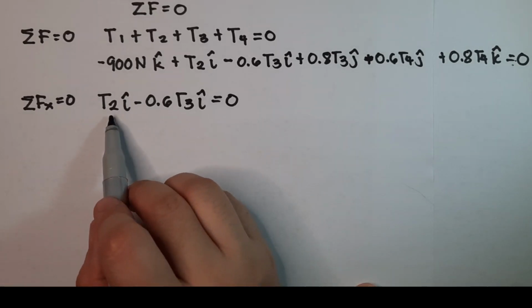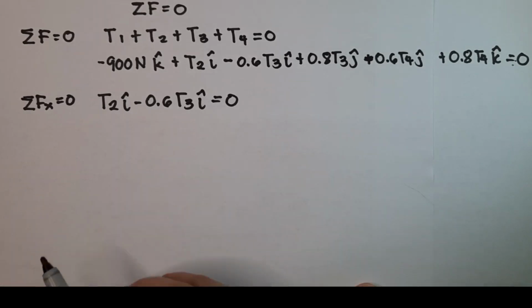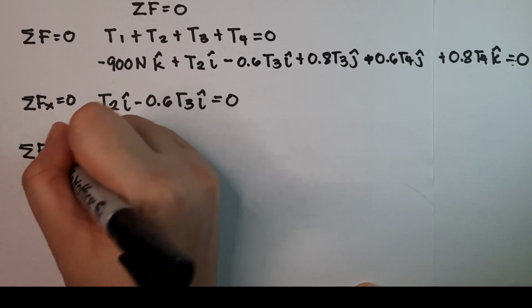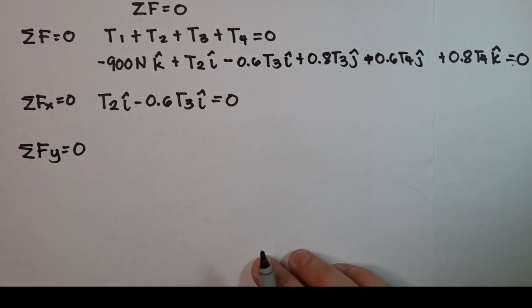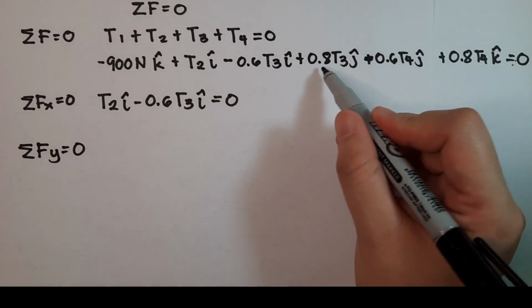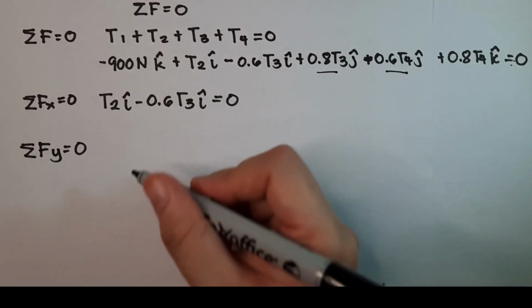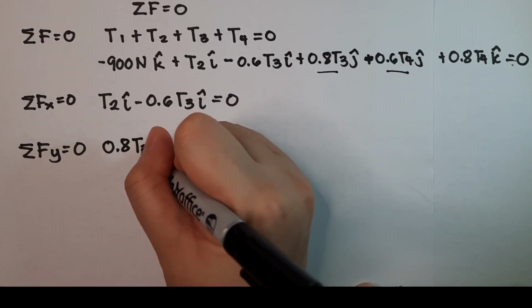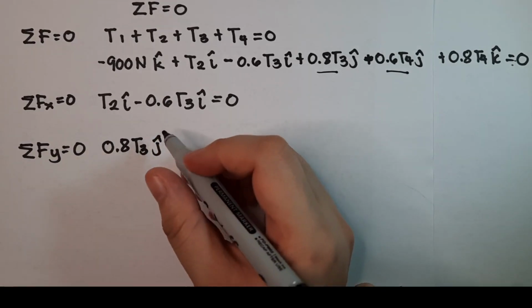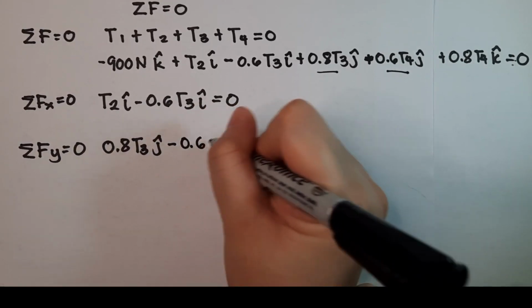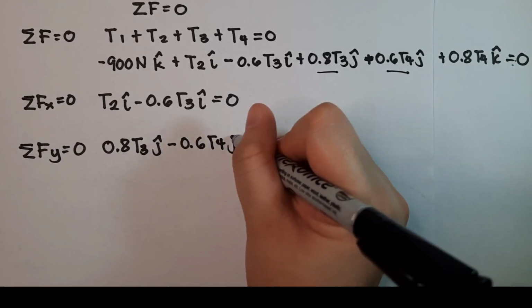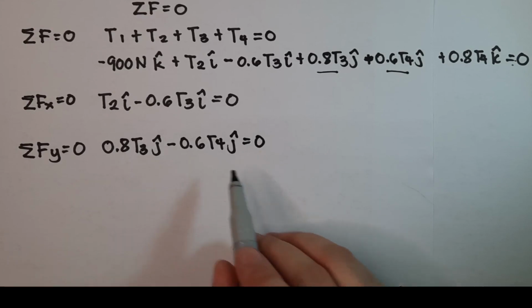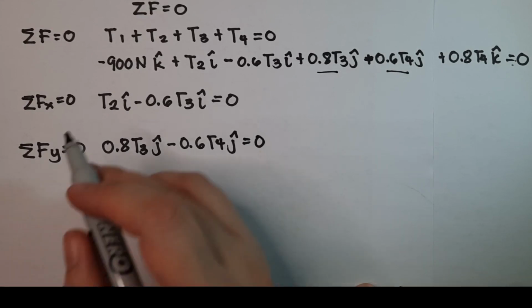Since we don't know T2 and we don't know T3, we cannot solve anything here. So let's solve for the forces along y, which is also equal to 0. We have 0.8 T3 j hat minus 0.6 T4 j hat equal to 0. But we don't know T3 and T4, so we cannot solve anything from y.